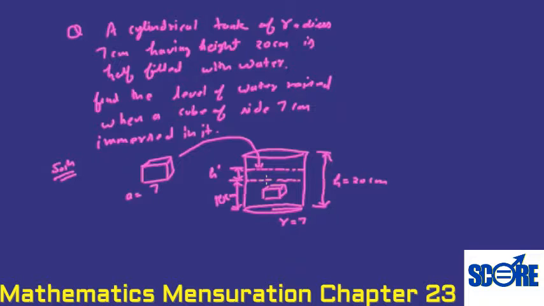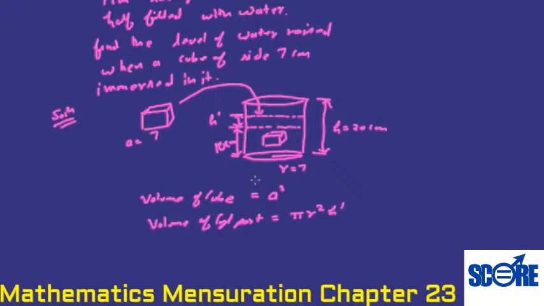Now this portion is created due to the immersing of this cube. So the volume of this portion is nothing but the volume of cube. The volume of cube is equal to a cube. This space is in the shape of a cylinder having radius r and height h dash, so its volume is pi r square h dash.